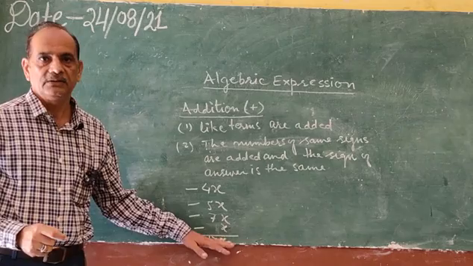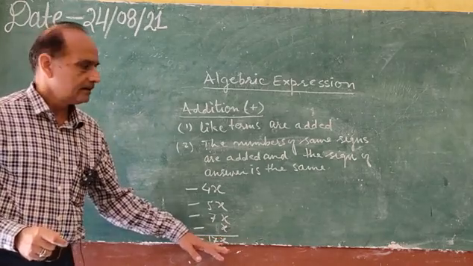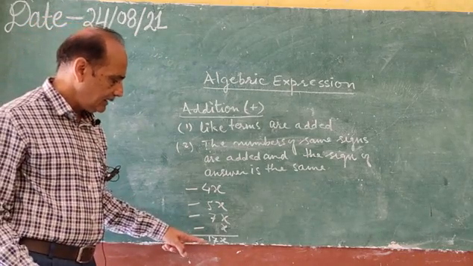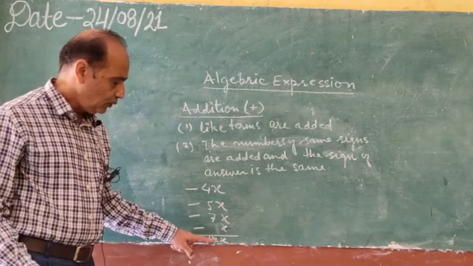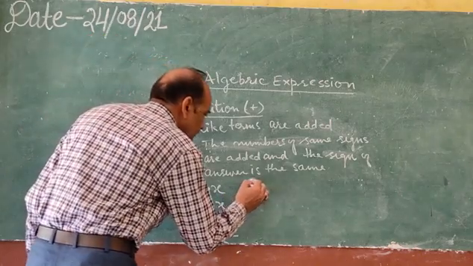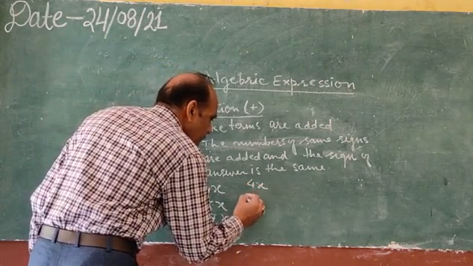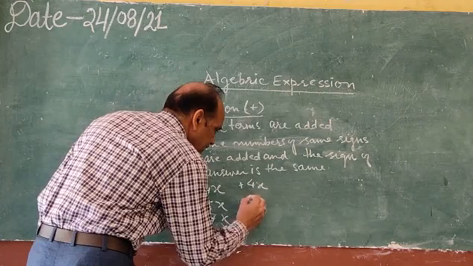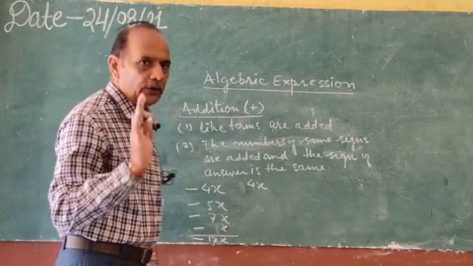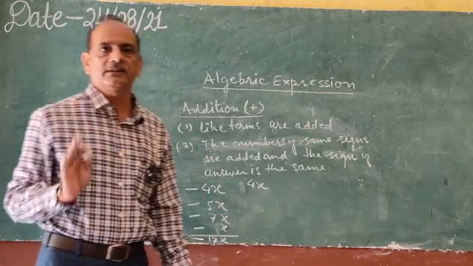This is the right procedure to write the answer. Never put the sign at the end. Suppose these numbers are of positive sign, then there is no need to put the positive sign. If we are writing 4x, then this is plus 4x. Okay?